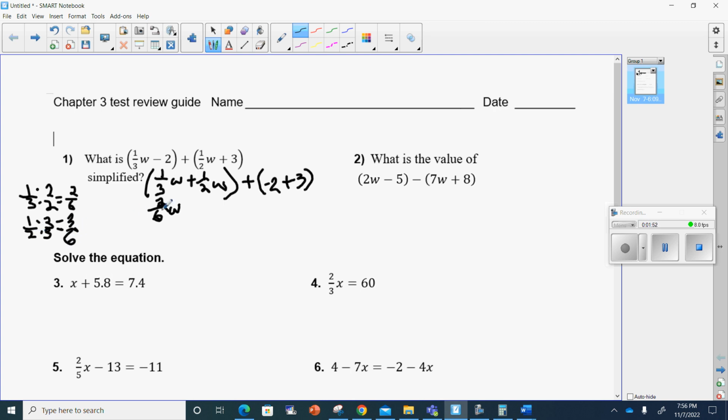Now my denominators are the same. We needed this denominator to be the same. I'm going to highlight it for those that forgot how we do this. We need 2 and 3 to become the same denominator. We're changing them by multiplying by 2/2 and 3/3. Those are just forms of 1.